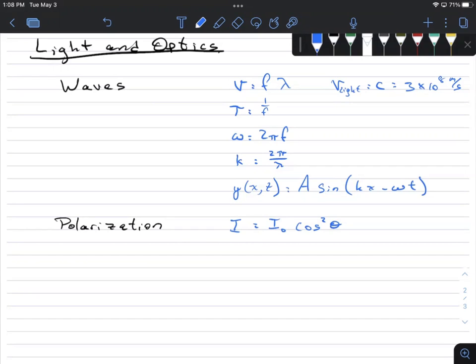That's the one exception. The main rule, every filter has a cosine squared. The exception is if you start unpolarized, the first filter does not have a cosine squared, but the other ones do. The first filter would give you 1/2 instead. And so that was polarization.